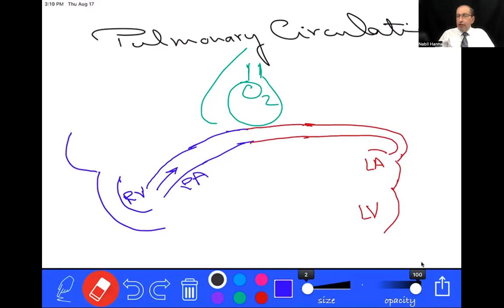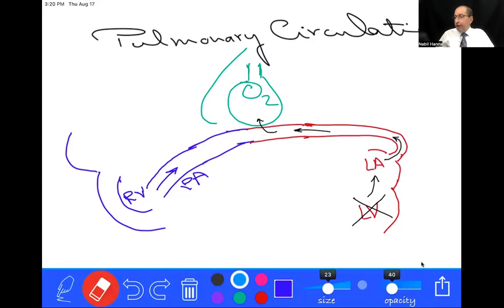Now, in the pulmonary circulation, gas exchange occurs in the pulmonary vessels. Now, problems in the left ventricle. If you have left ventricular failure, there will be back pressure affecting the left atrium, back pressure affecting the pulmonary vessels, and this back pressure is going to push water into the pulmonary alveoli.